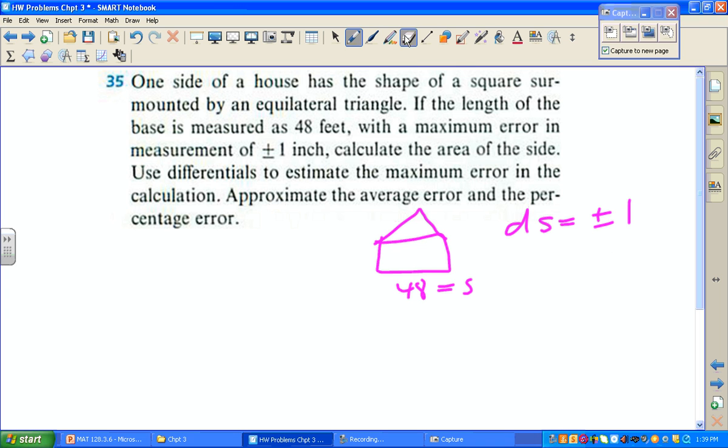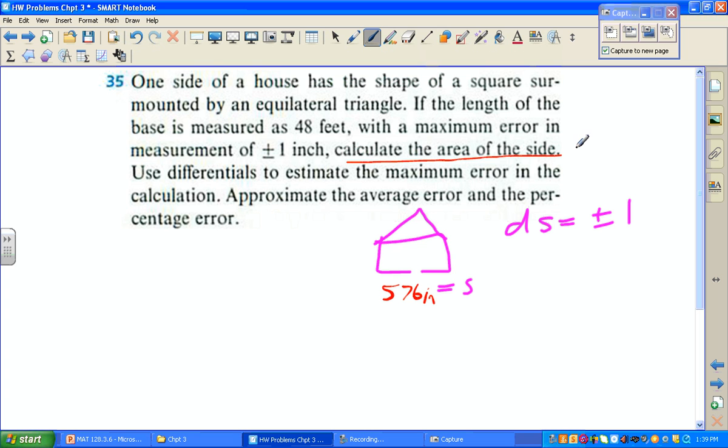The 48 feet, I'll probably convert to inches. So multiply that by 12. What's 48 times 12? 576 inches. Okay.